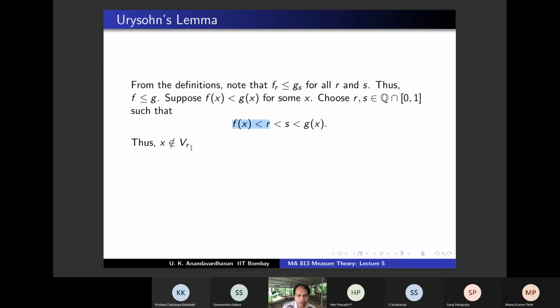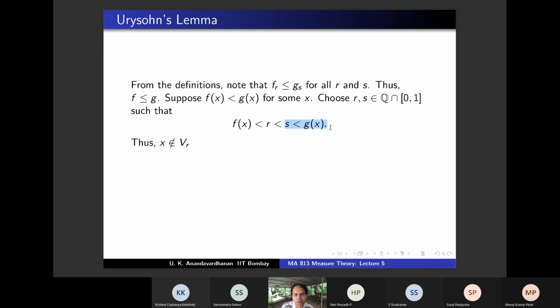Because if x is in V_r, then f_r is r. That was the definition. But if f_r is r, then the supremum has to be at least r, but f(x) is strictly less than r. Therefore, x is outside V_r.